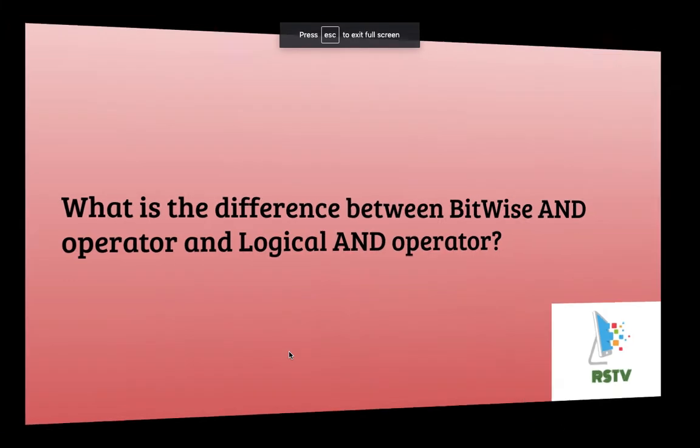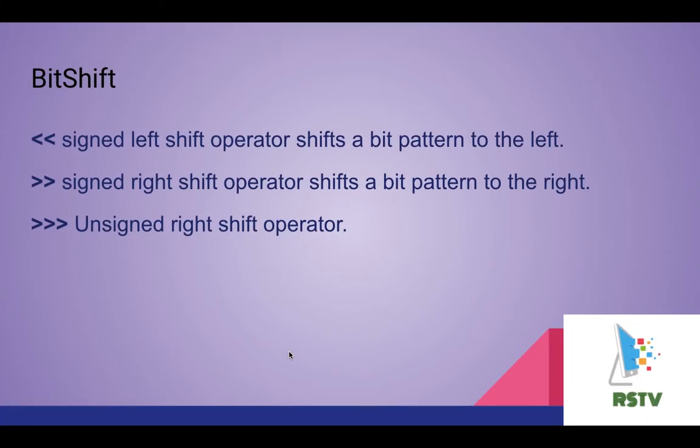Next we'll discuss bit shift operators. This is the signed left shift operator, which shifts a bit pattern to the left. Next one is the signed right shift operator, which shifts a bit pattern to the right. Next one is the unsigned right shift operator.